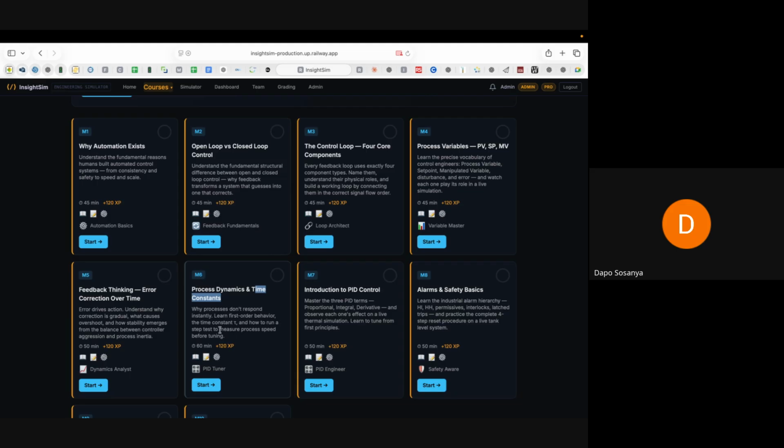We explained it in the last module, M6. And then of course, feedback thinking, the error correction over time. This is very key. Error correction is not an instant thing. You do it over time. There is always a time T, that lapse, for you to achieve your error correction.